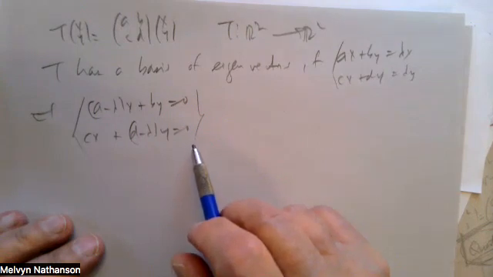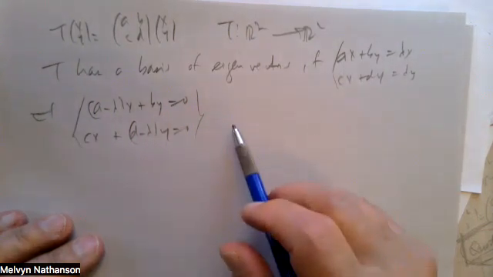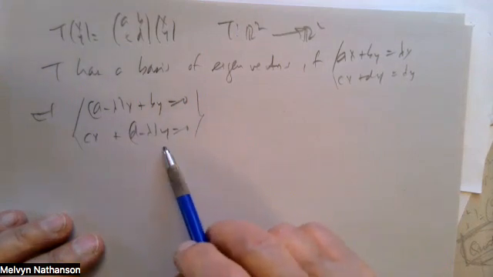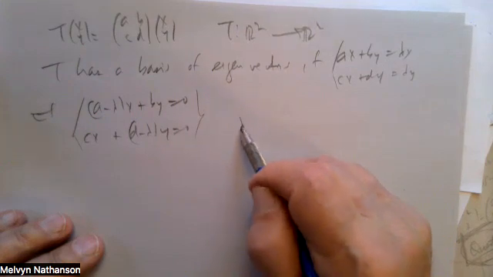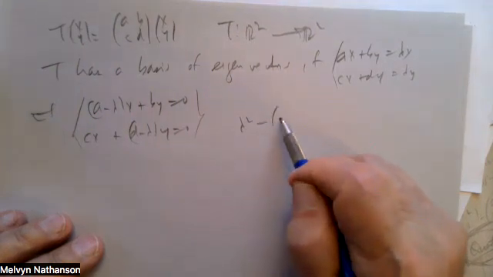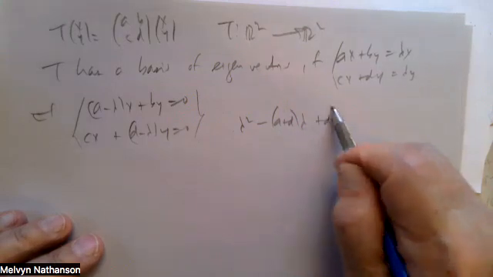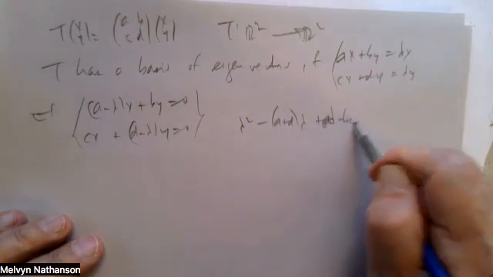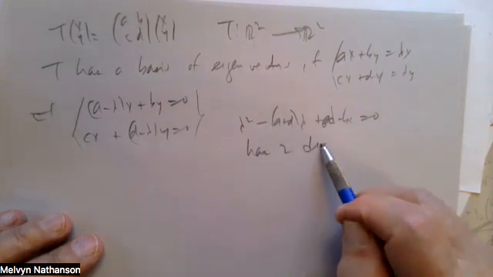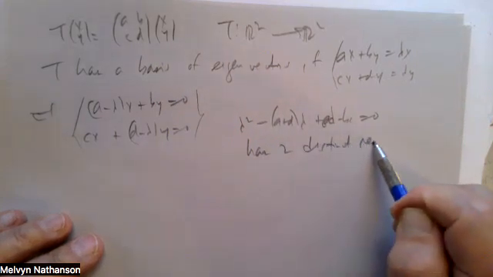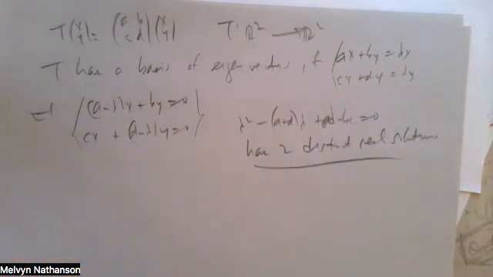So this has a solution precisely when the determinant of coefficients, which is lambda squared minus (a plus d) lambda plus ad minus bc, equals 0, has two distinct real solutions.